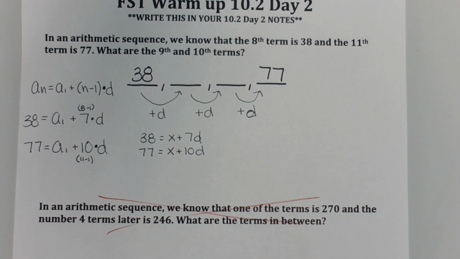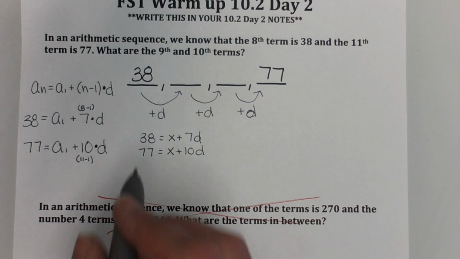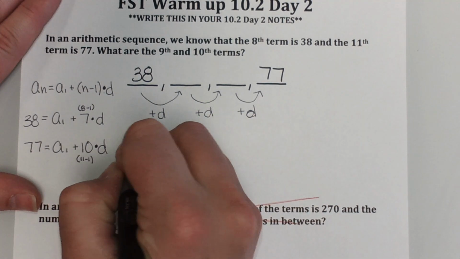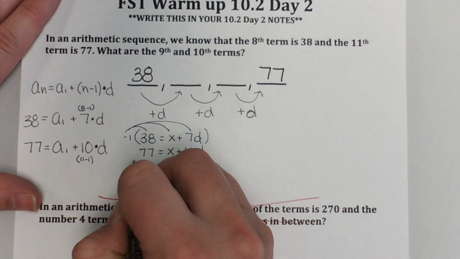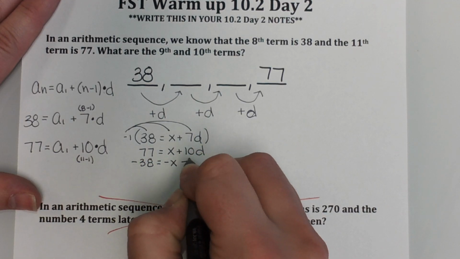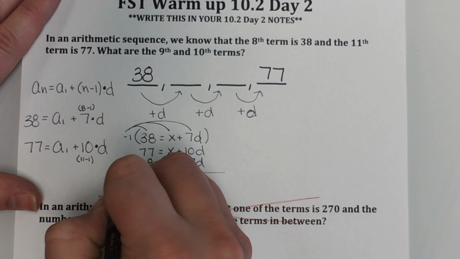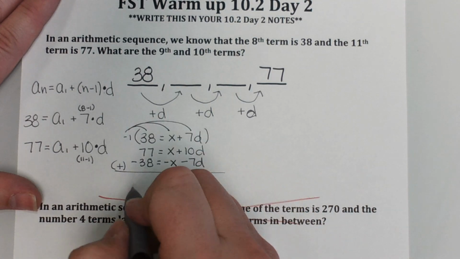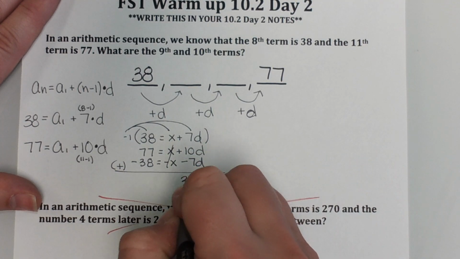Do you notice that the x's both have the same coefficient? So I can multiply one of the equations by -1. And then if I add my equations, the x's will cancel out.